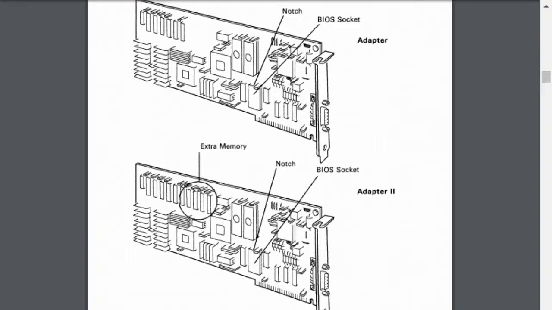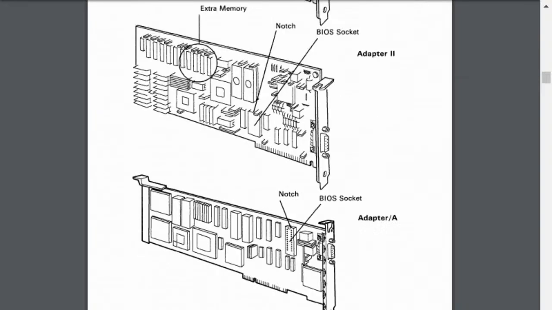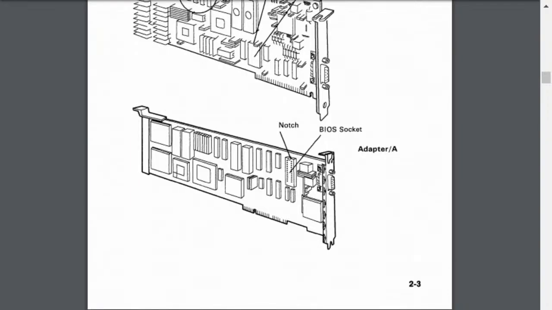And they talk about where that BIOS socket is, and they get down to the Micro Channel board. And in fact, let me see if I can get an image for that as well.